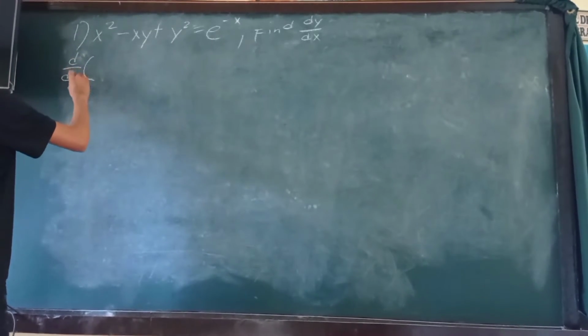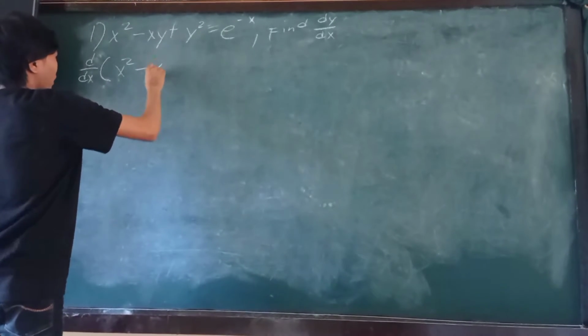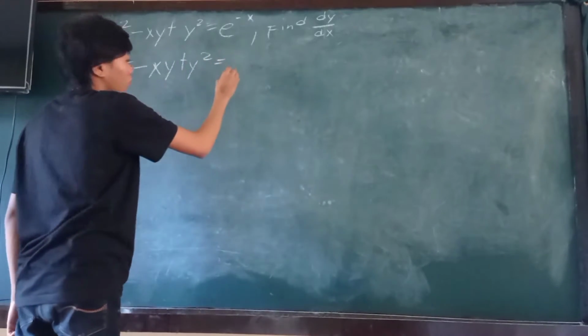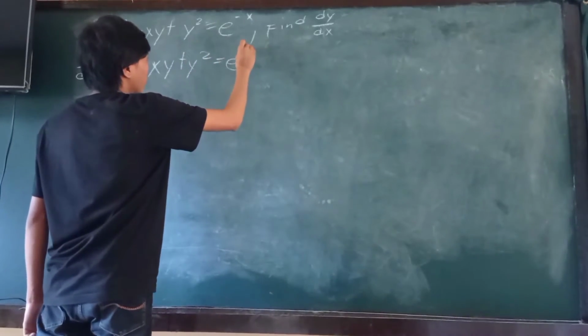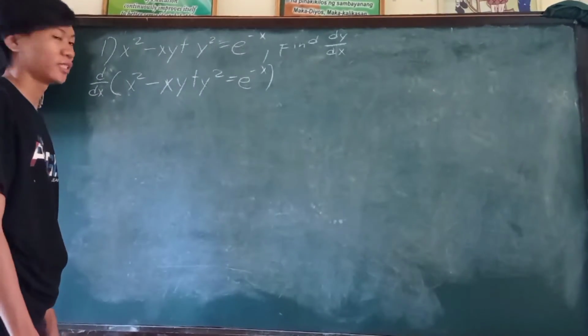So, d over dx of x squared minus xy plus y squared is equals to e raised to negative x, and take the derivative of each term.